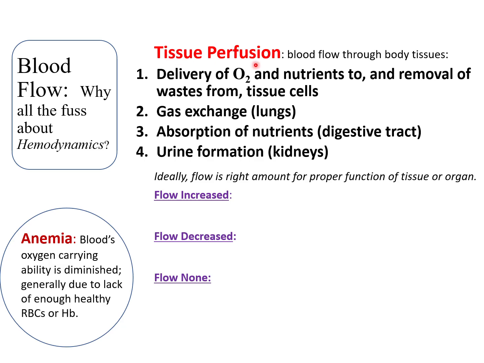All right. Perfusion, if you will. All right. Because we need O2. We need to remove CO2. We certainly need to deliver nutrients and certainly remove nitrogenous waste and things along those lines. If we have anemia, that means that we have lost the ability to carry oxygen, and there are several ways you can have that happen.